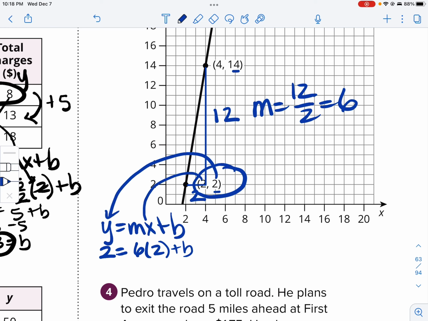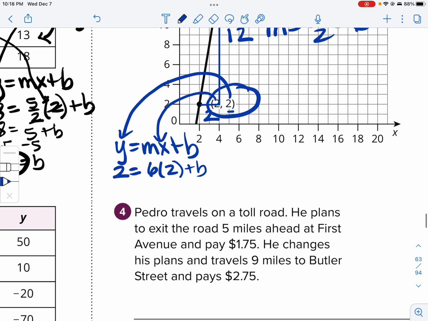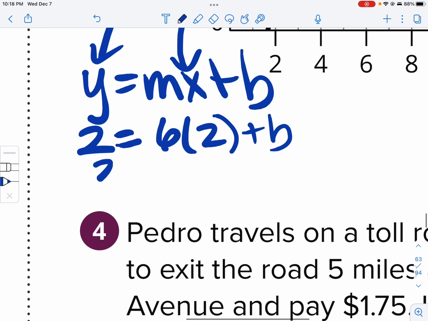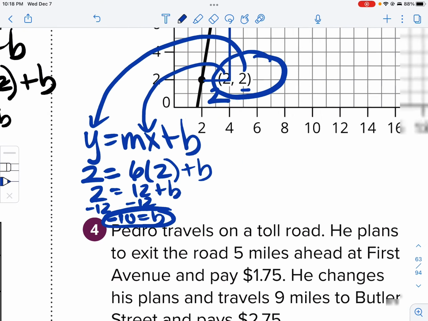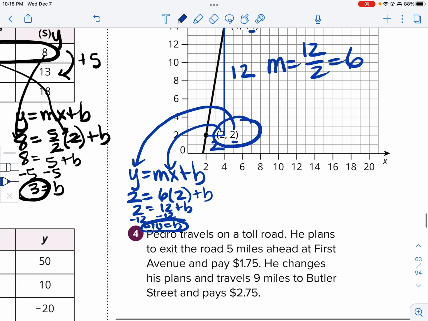This 2 comes here. So I'm going to solve this. So I get 2 equals 12 plus b. Subtract 12. I get negative 10 is equal to b. So now I have my b value and I have my m value. So I'm going to replace them. M is 6. B is negative 10.